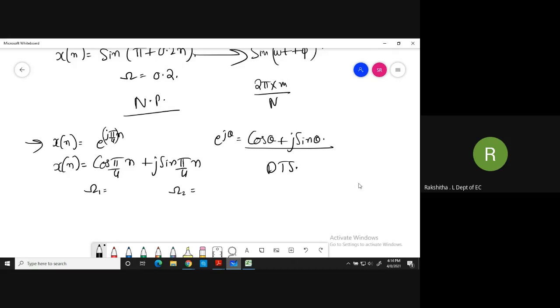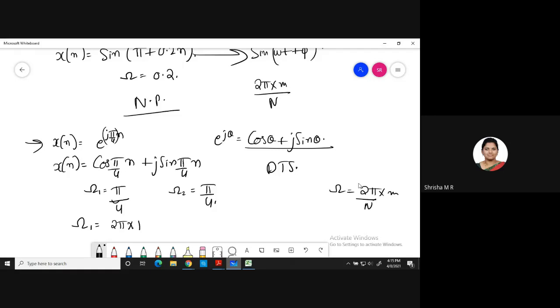Ma'am, n is equal to 8, ma'am. Yes. What did you get? N1, N2? N1 is also 8 and N2 is also 8, ma'am. Yes. So omega 1 is pi by 4 and omega 2 is also pi by 4. Okay. So omega 1 and omega 2 I'll try to express in the form 2 pi into m by n. So I have to multiply and divide it by 2, right?